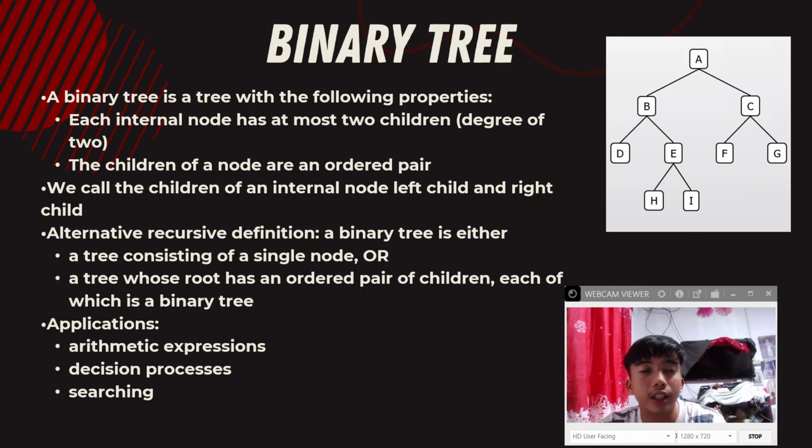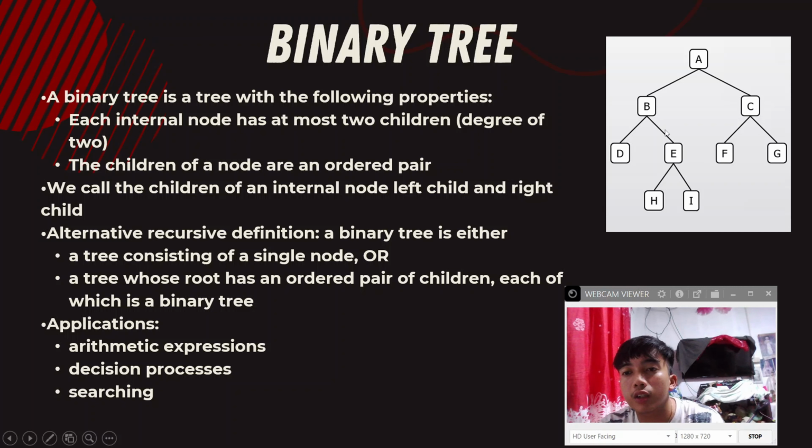So all in all, the binary tree is defined by the following properties. Each internal node has at most two children, meaning the degree of each internal node is at most 2. The children of a node are treated as an ordered pair.